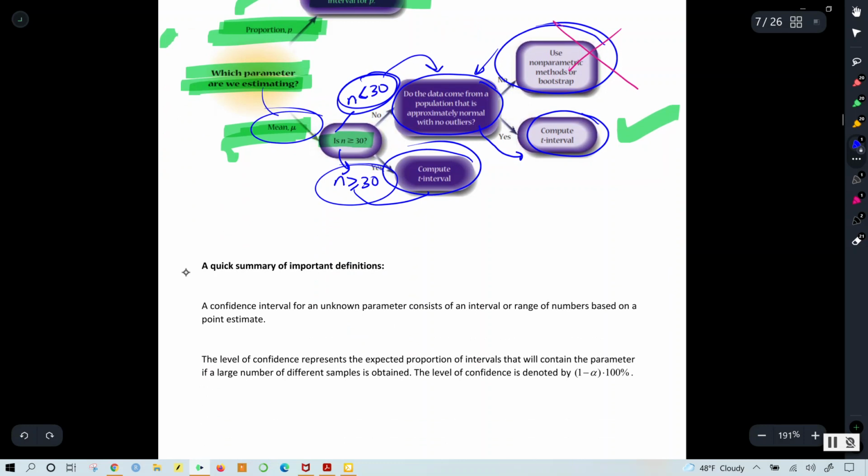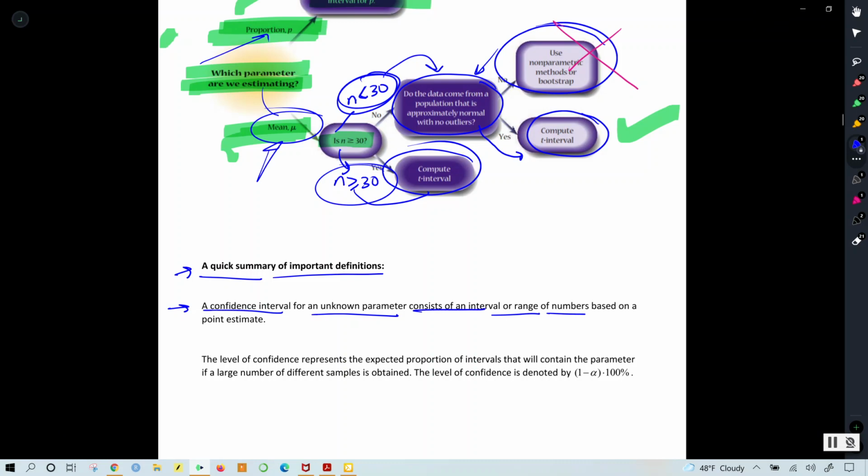All right, just a quick reminder or summary of important definitions we have seen so far. A confidence interval for an unknown population parameter, which could be the population mean or the population proportion, consists of a range of possible numbers that we believe, with a certain level of confidence, contains the true but unknown value of that population parameter we're trying to estimate.